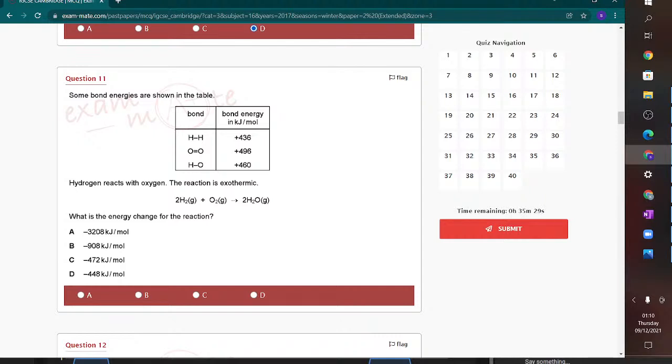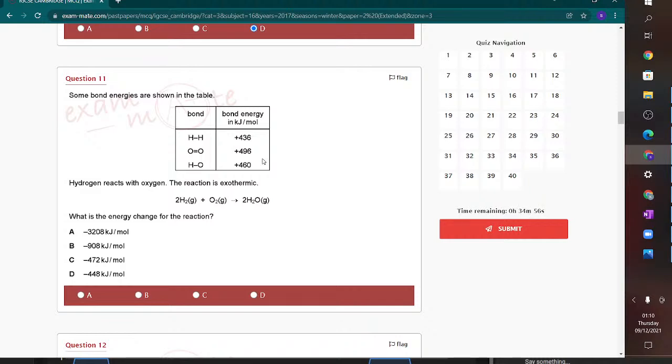Some bond energies are shown in the table. Hydrogen reacts with oxygen. The reaction is exo. If it is exo, then the change should be negative. This H-H would be multiplied by 2, so 436 into 2, that gives us 872, plus O2, which is 496.